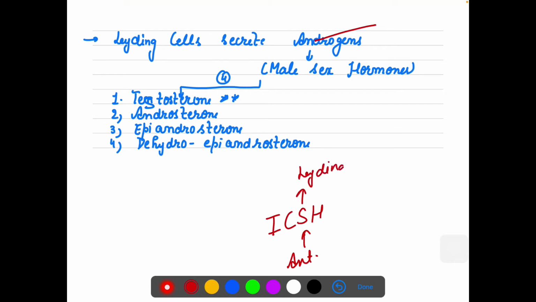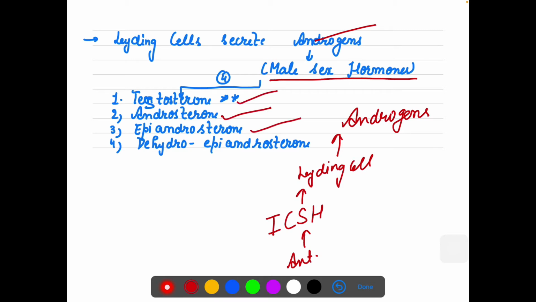Now leydig cells will start secreting androgens. What are androgens? They are male sex hormones. They are testosterone, androsterone, epiandrosterone, and dehydroepiandrosterone.